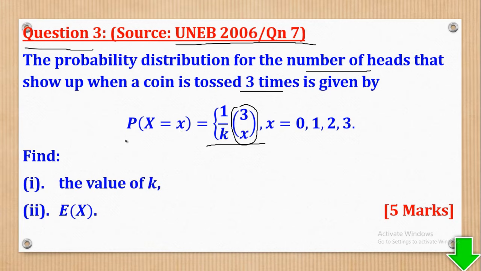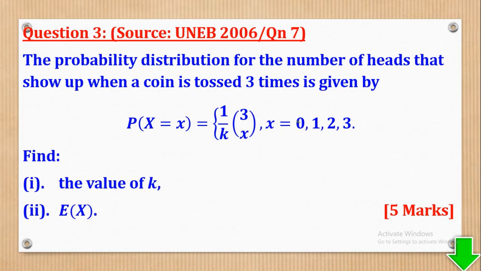As long as it's under PDF, you always remember that this symbol means combination. So I can either choose to write 3 combination x, or I write it in column form. This is the one which is commonly known by students, but when you have a mathematical logbook, you realize that this symbol is also valid.